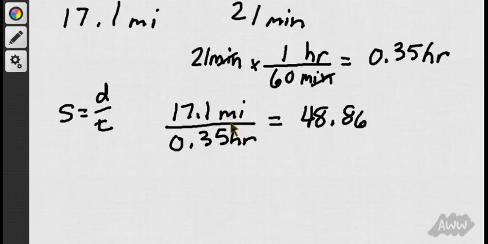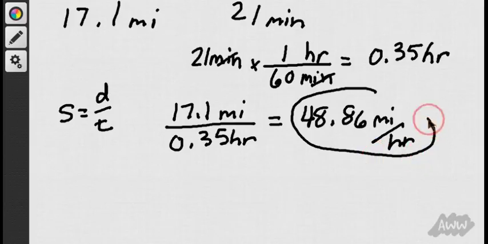And our units are miles per hour because nothing cancels. So that is our speed that we would calculate. Driving those 17.1 miles in 21 minutes, the average speed of that car would be 48.86 miles per hour.